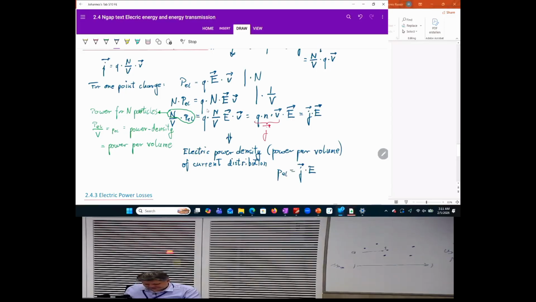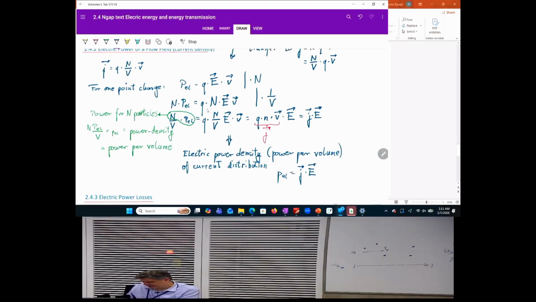Actually, I think we should be more accurate, because we want the power density per volume, but we want it for all particles. So let's write the n here as well. Then we have the power density, the small p el for electric, equal to current density times electric field.